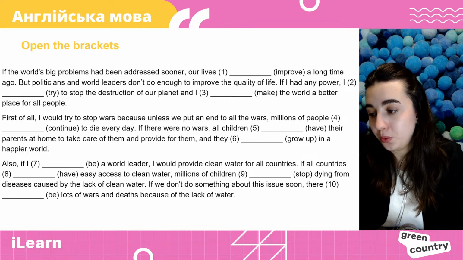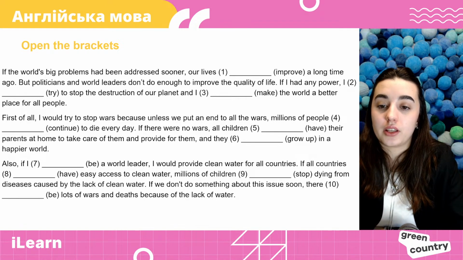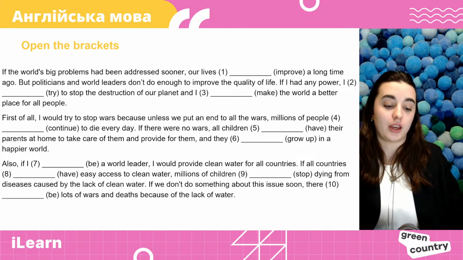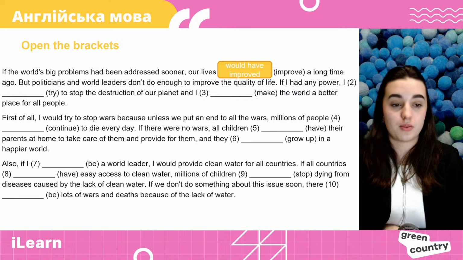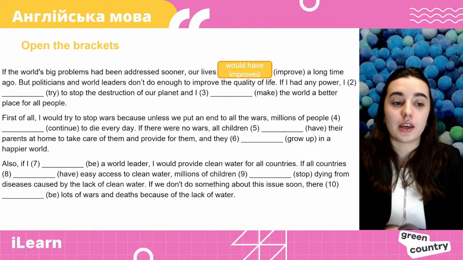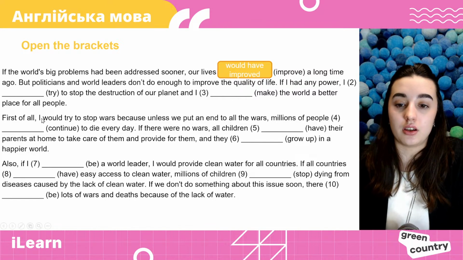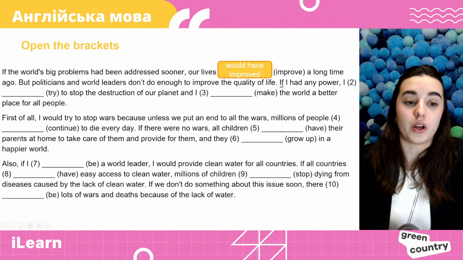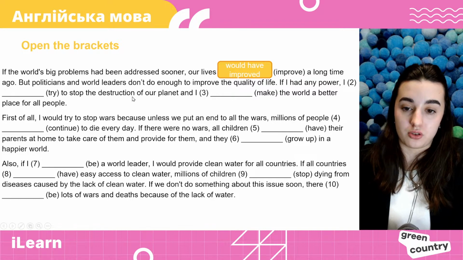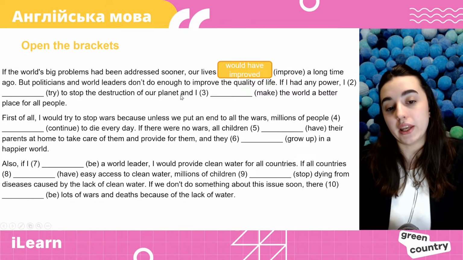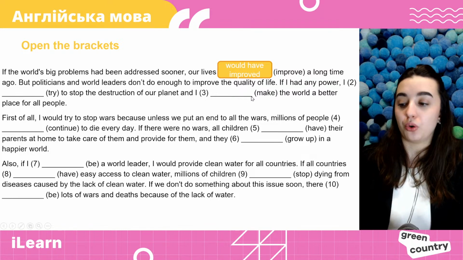Okay, thank you. So here we have conditional number 3, and it means that we will have with you would have improved. Nice. Number 2, if I had any power, let's write it here and here, because we have one condition for 2 parts. I try to stop the destruction of our planet, and I make the world a better place for all people.